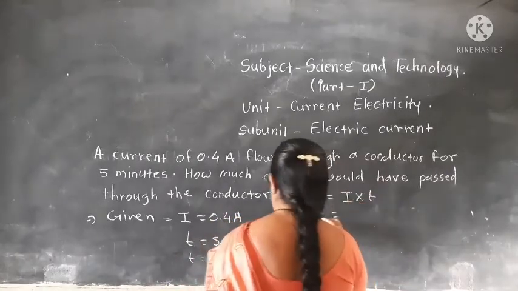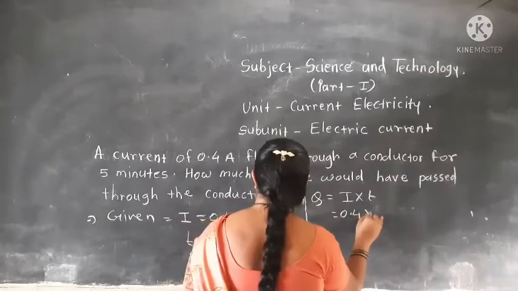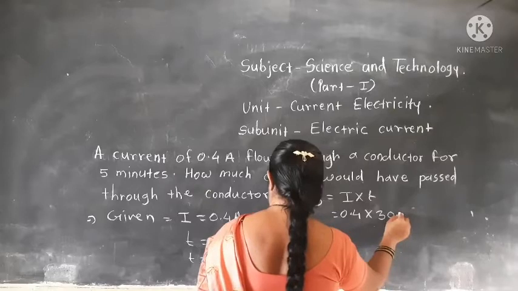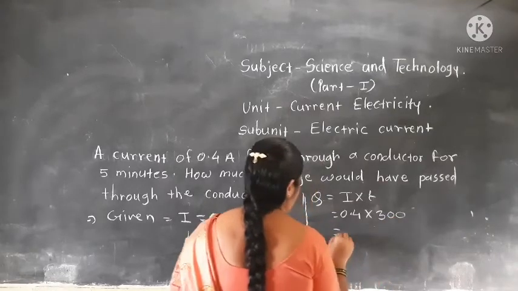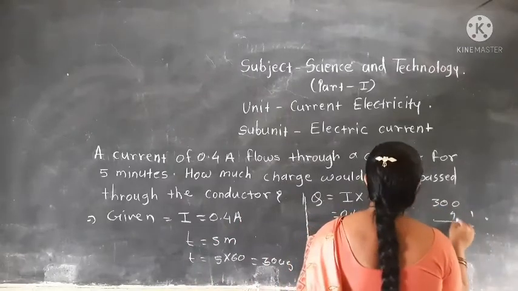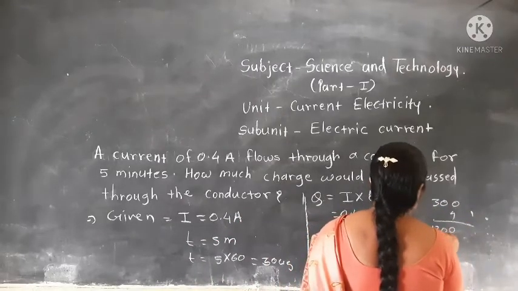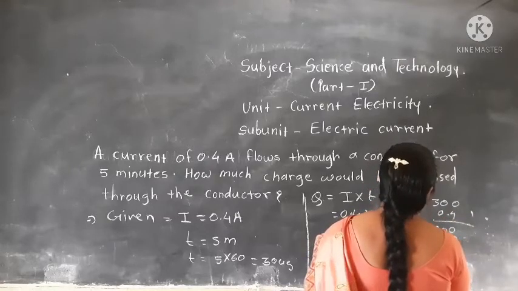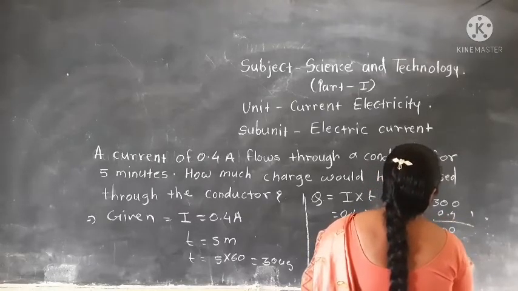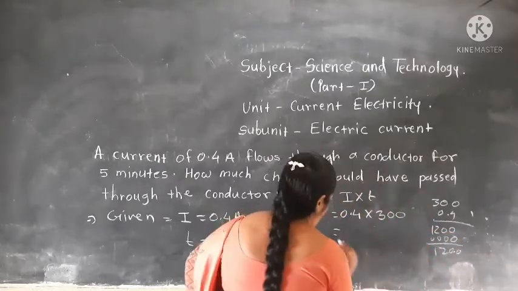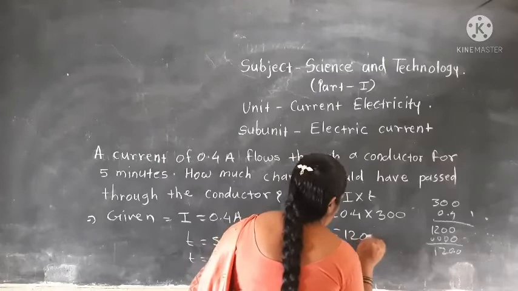What is the value of I? 0.4, and the value of t is 300. We have to place the decimal point here, that is 120 coulomb. Q is equal to 120 coulomb.